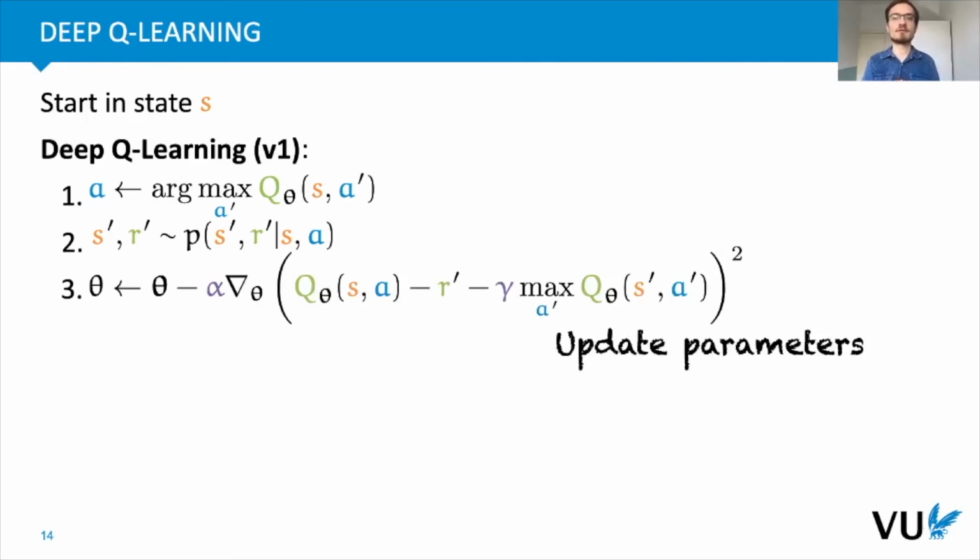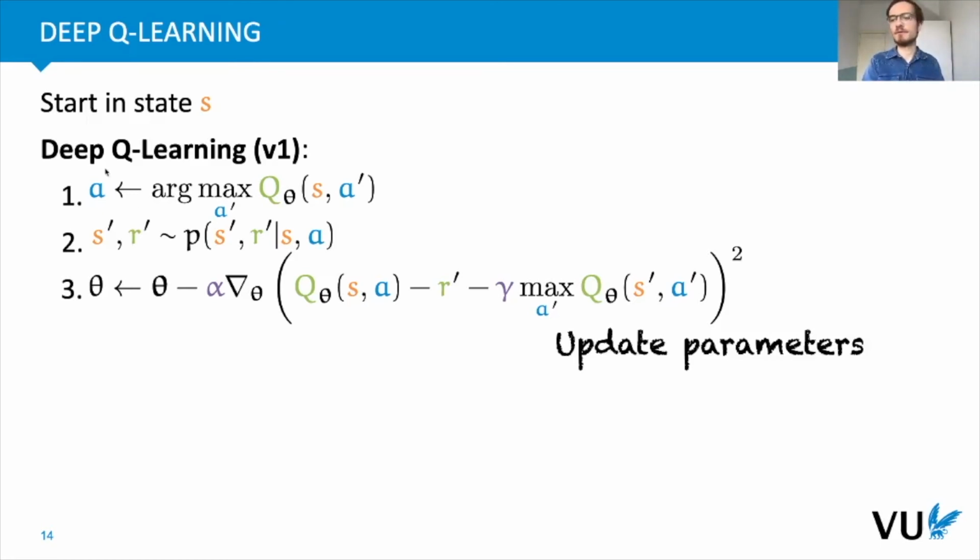Given the result, we update our parameters. We want to do a gradient descent step because we want to minimize the error, not maximize it. I'm going to be computing an estimate of this bootstrap error that we discussed.